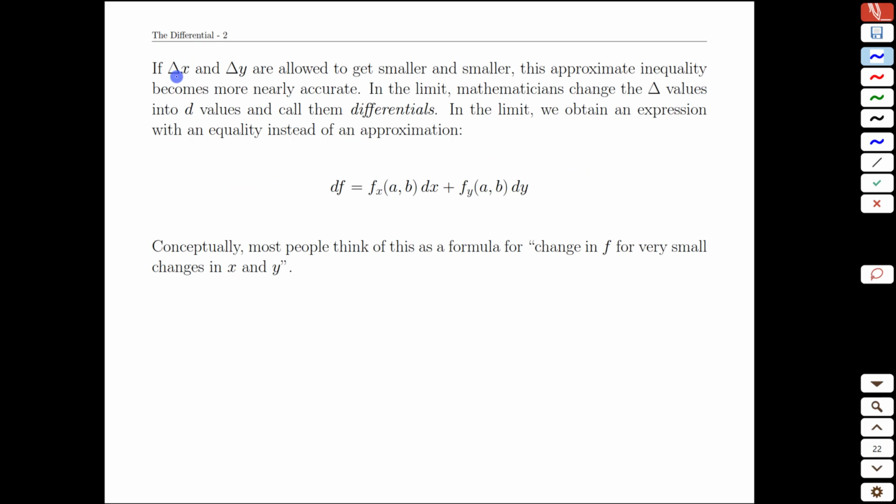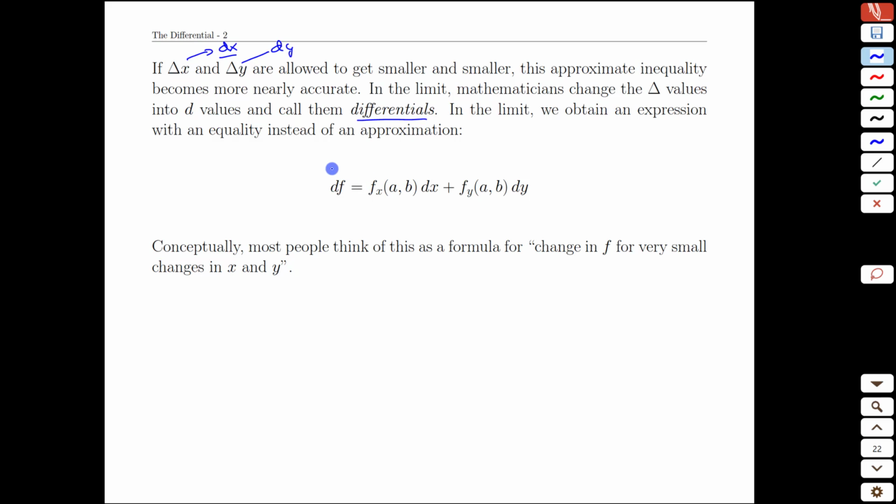Now, the calculus idea is that if we let delta x and delta y get smaller and smaller and smaller, some people approach this and think of that as approaching dx and dy. We've essentially done that when we looked at integration back in the day. Now, we would call those dx and dy differentials, and we can actually think of them as infinitesimal changes in x and changes in y.